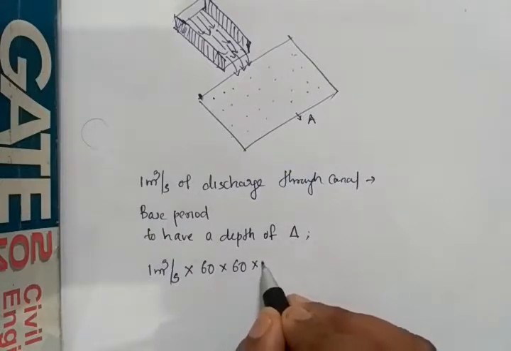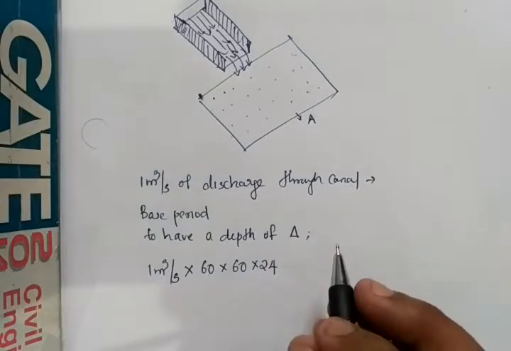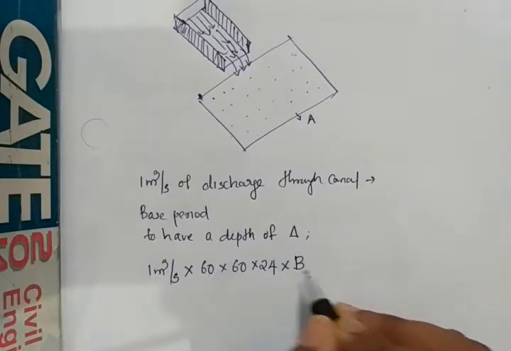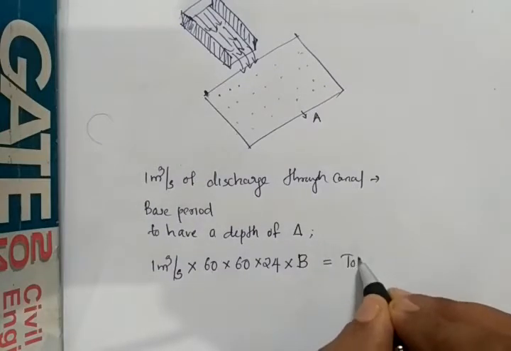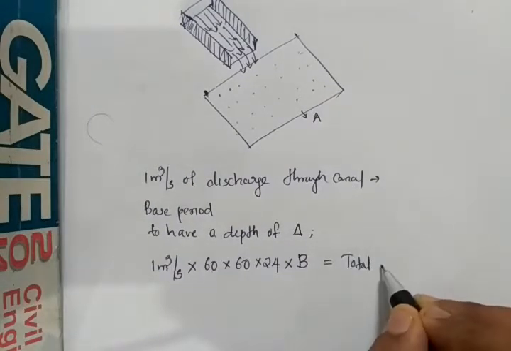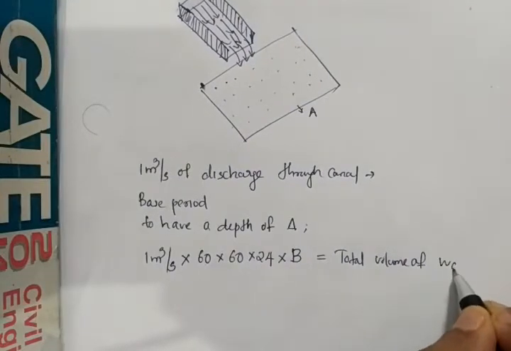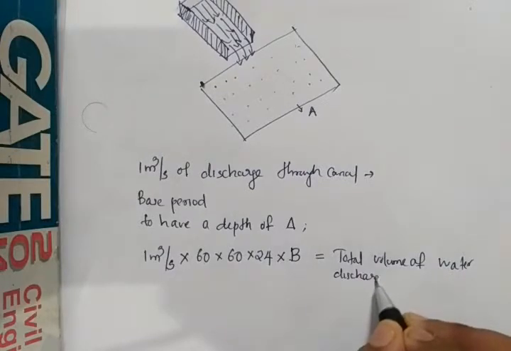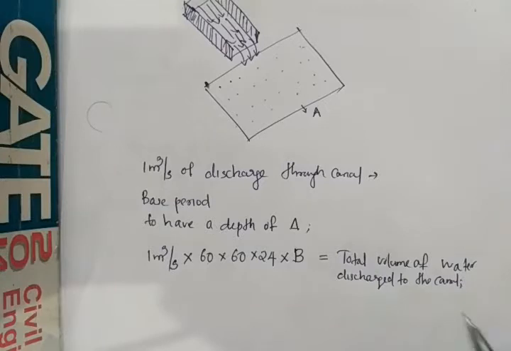This into 24 gives you the total discharge per day, and this into B, that is base period, gives you the total volume of water discharged to the canal.